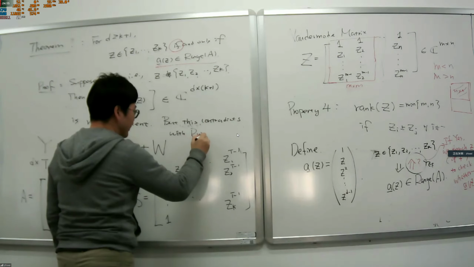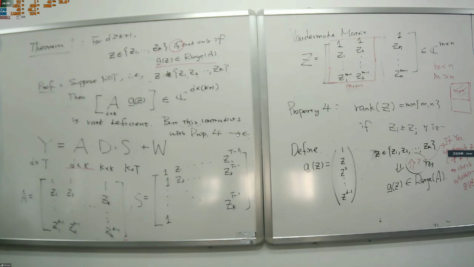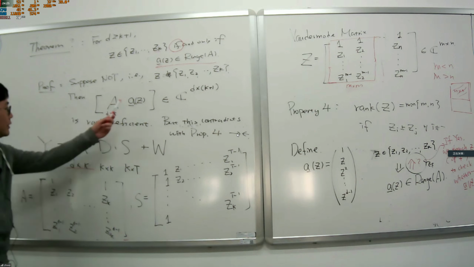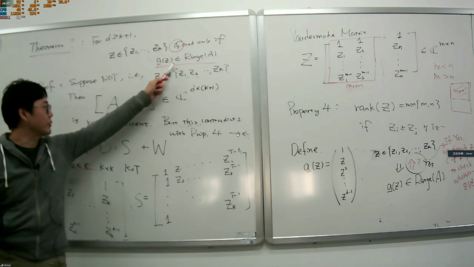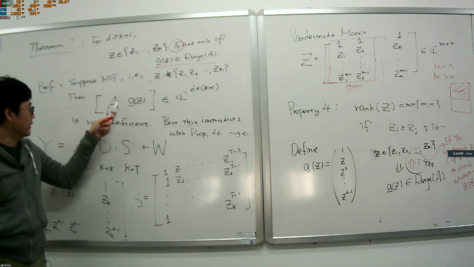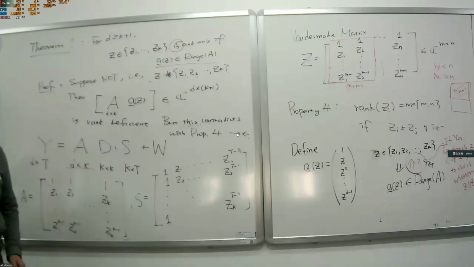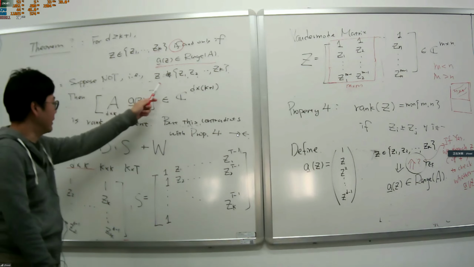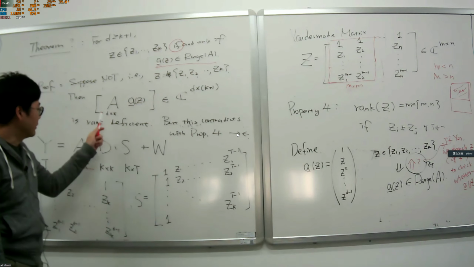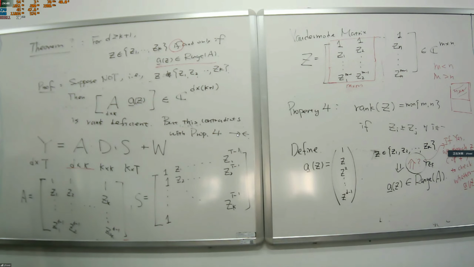This contradicts property 4, and you get the proof. If AZ is in the range space, then this should be rank deficient, then Z must be one of Z1 to ZK. Otherwise, if Z is not equal to any of them, then this should be full rank.